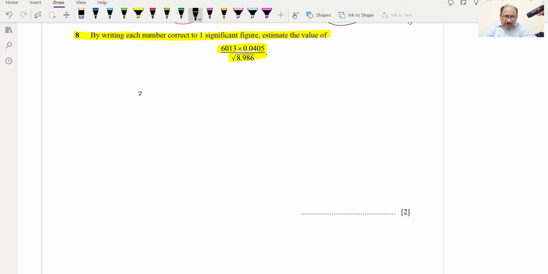So 6013 we can rewrite as 6000, 0.0405 we can write as 0.04, and 8.9 we can write as 9, under root. So we can rewrite it as 6000 into root 9, which will be 3, and into 0.04.